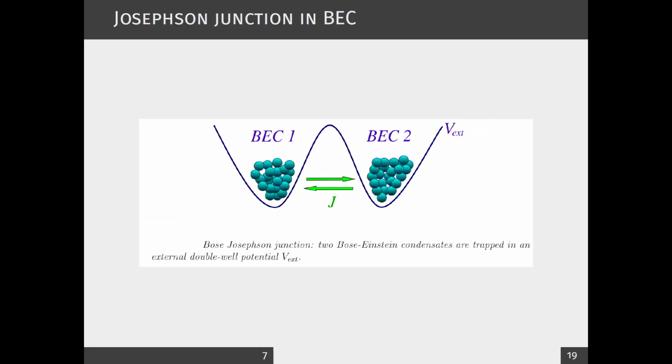So I have already mentioned that you can search for the existence of the Josephson effect in systems where there is a macroscopic wave function. For example, coupled Bose-Einstein condensates also have the presence of the Josephson effect.